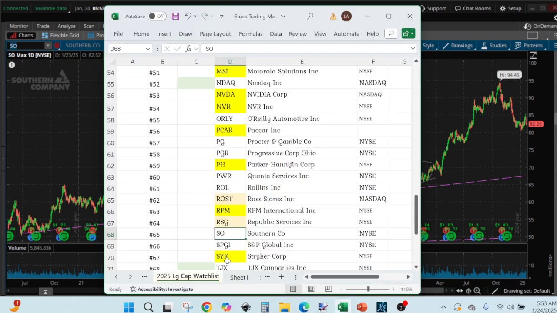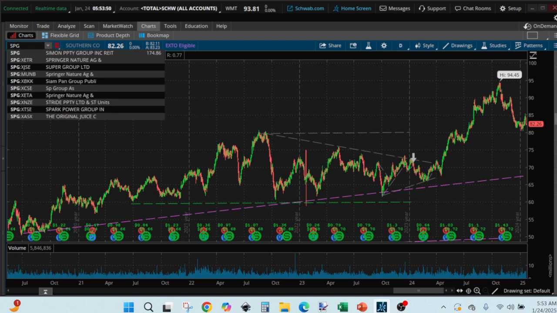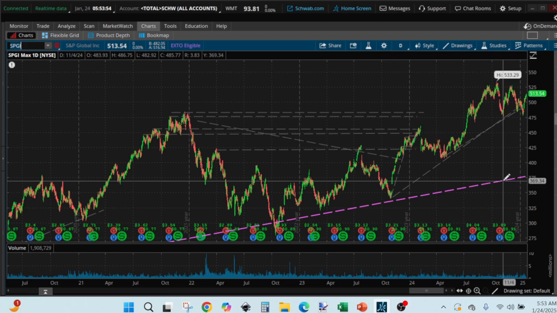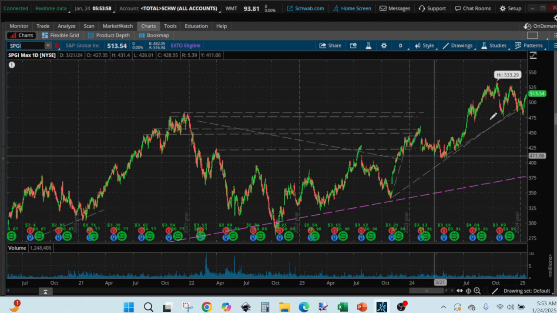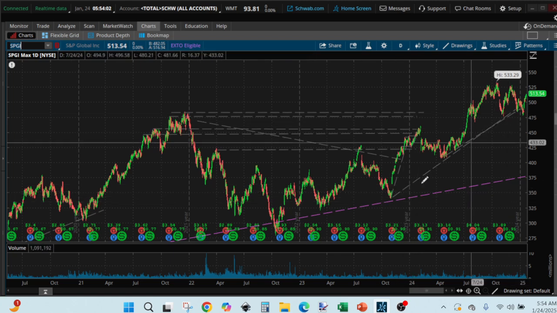The next one is SPGI. We like to buy at this trend line, but right now it is following this trend line, which is more than a 1 year trend line as well.